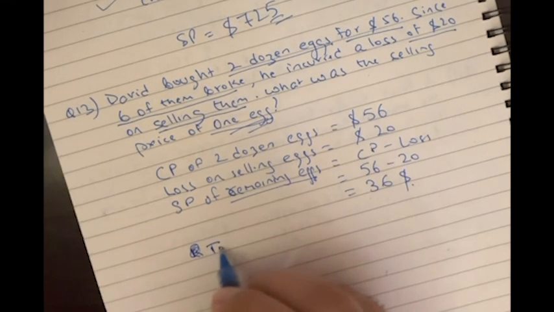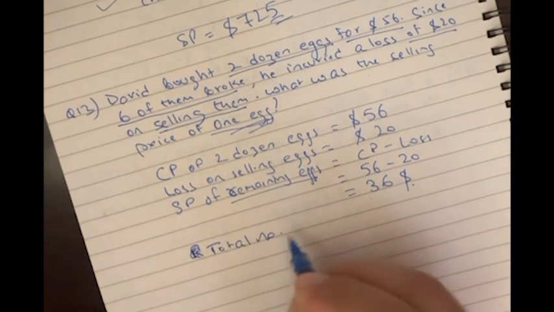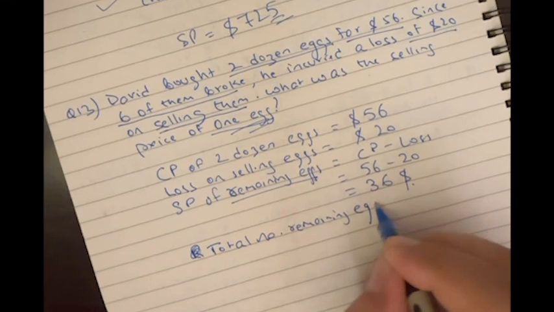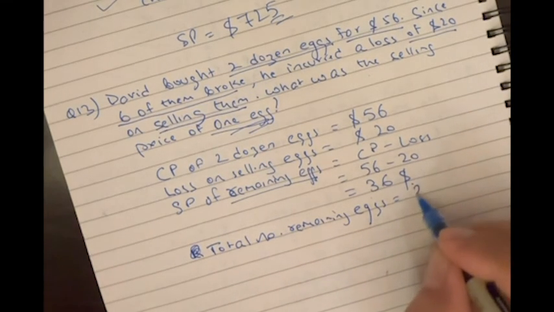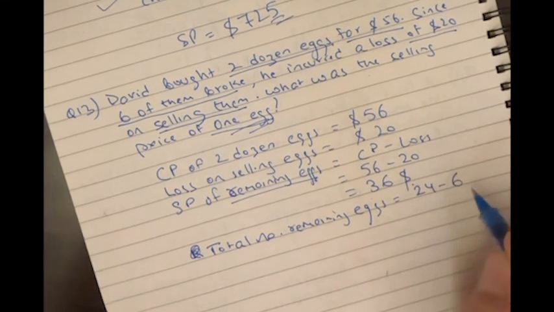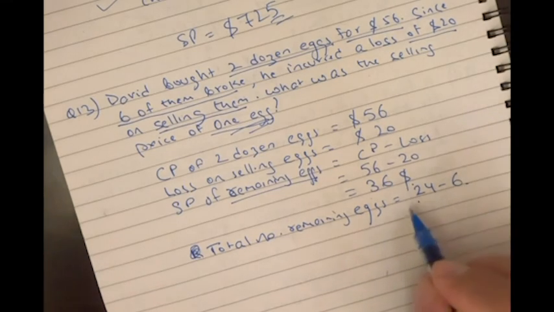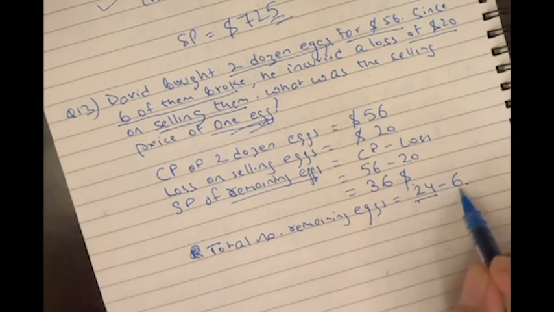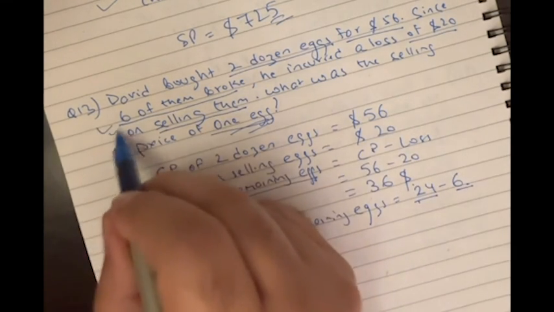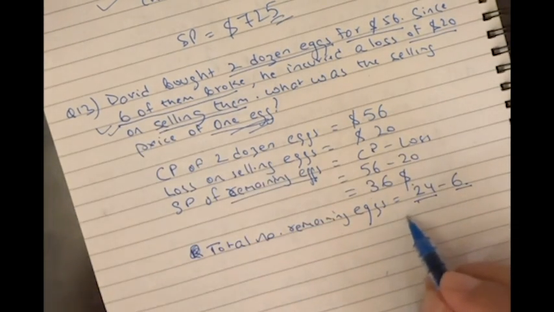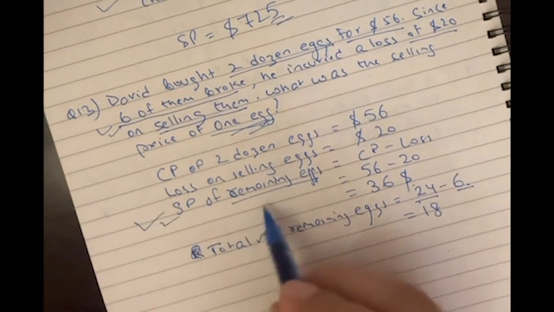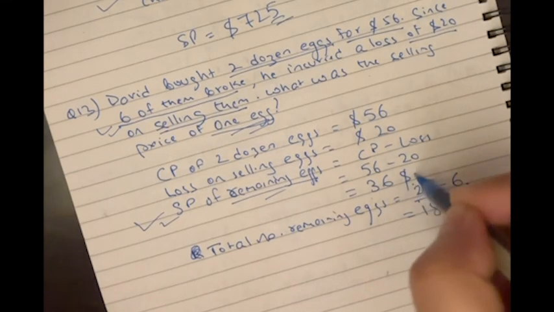So we will say total number of remaining eggs is equal to 24 minus 6. Why 24 and why 6? 24 is because 2 dozen eggs were purchased and 6 of them were broken before being sold. So you are left with 18 remaining eggs. Now you know the selling price of remaining eggs is $36.